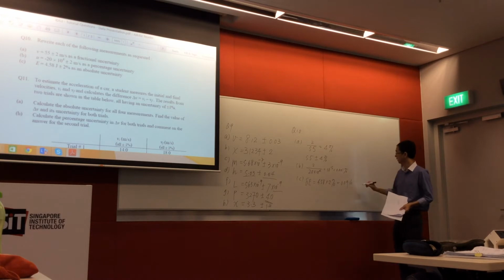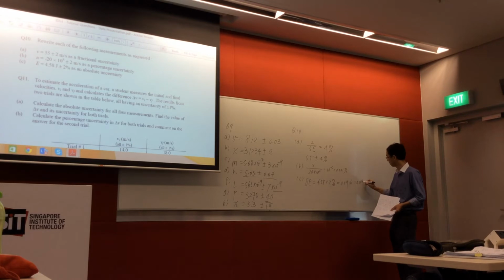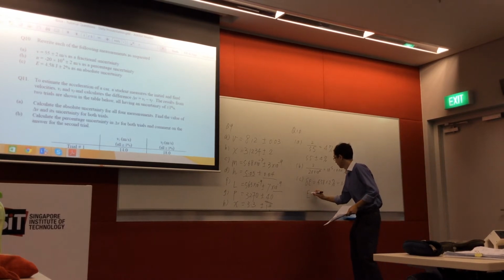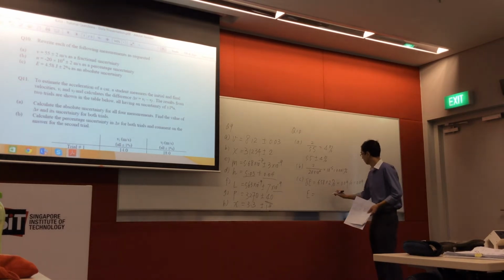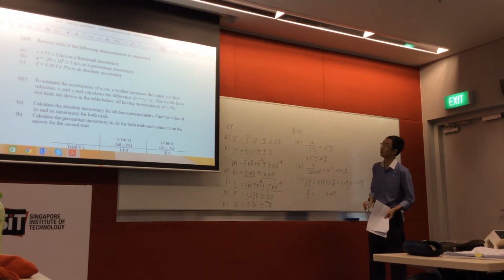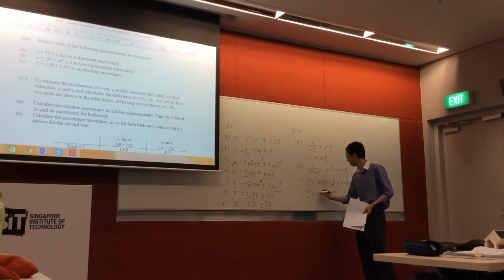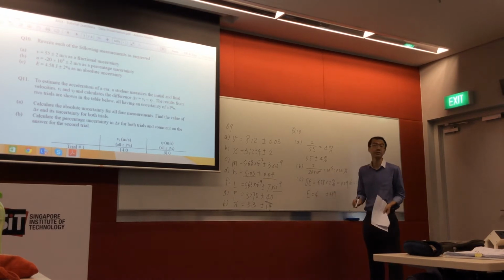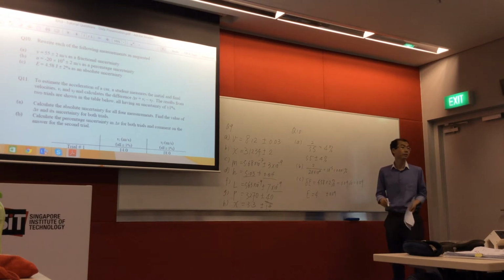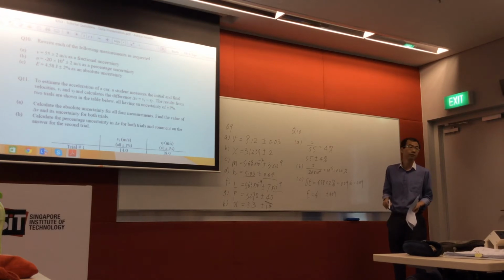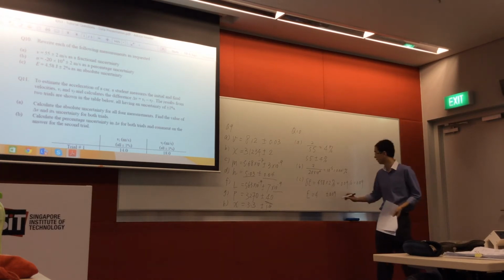So again, uncertainty you need to keep only one significant figure, which is 0.09. So your final result, the uncertainty is plus minus 0.09, and the best estimate needs to have the same order of magnitude, so 4.58.